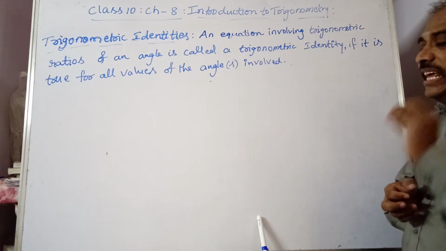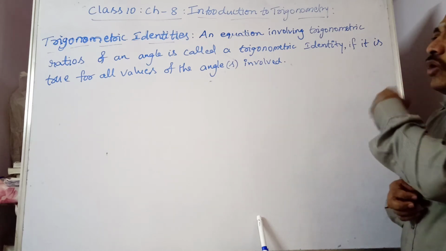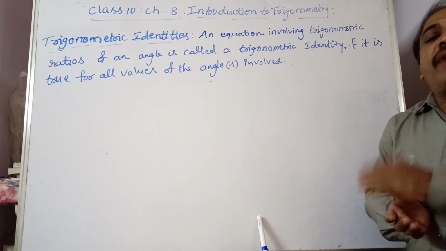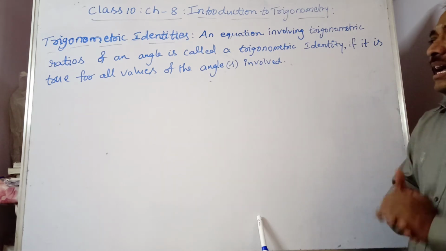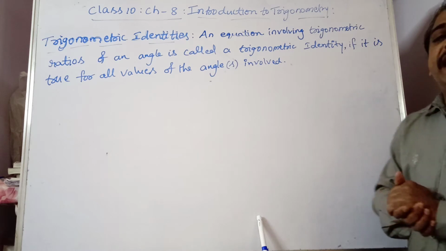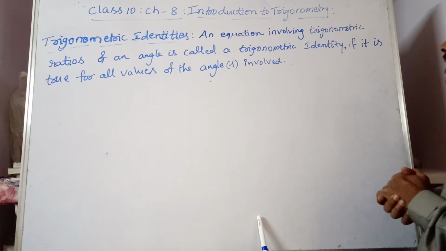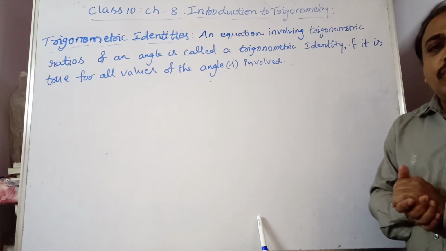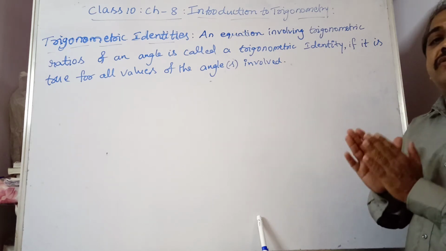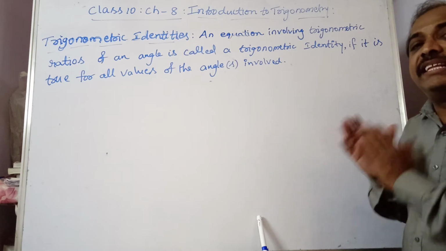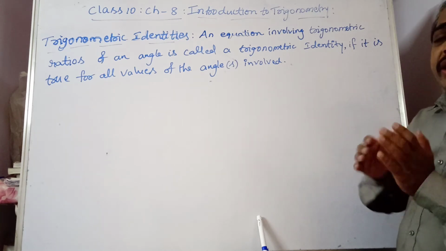It is an equation involving the trigonometric ratios of angles, whatever the angle, and it is true for all the values of the angles involved in that identity.